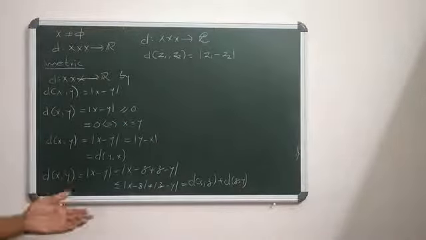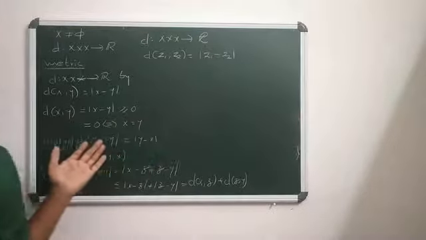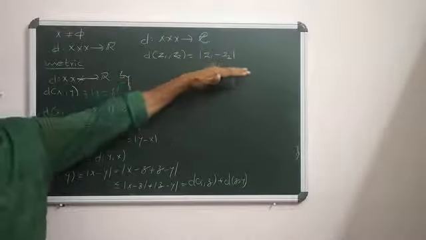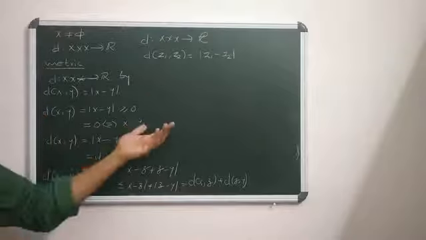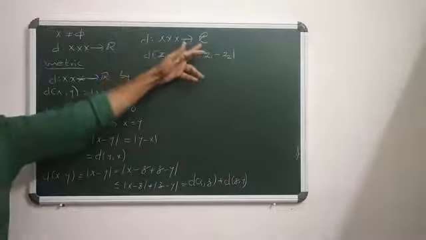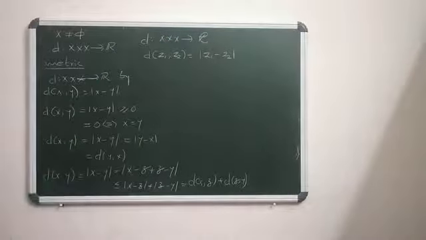Instead of x and y being real numbers, here z1 and z2 are complex numbers. We know that modulus of z1 minus z2 is greater than or equal to 0, and equality holds only when z1 equals z2, and so on. So if we define the function d from X cross X to C such that d(z1,z2) is modulus of z1 minus z2, then it is also a metric, by the same arguments. Clear? Agree? Okay.